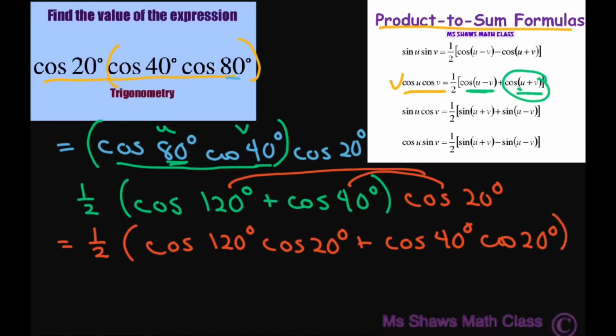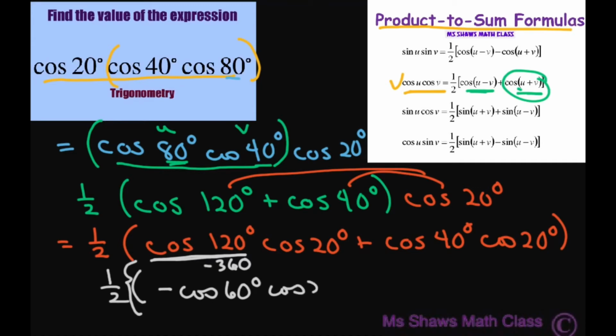All right. Now, for this piece here, I'm just going to make it coterminal and subtract 360. If I do that, I'm going to get 1/2, and this is going to give me a negative, and I'm going to put a little bracket here. So this is going to be negative cosine of 60 degrees times cosine of 20 degrees.